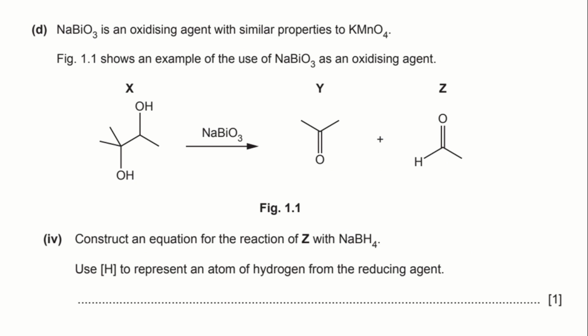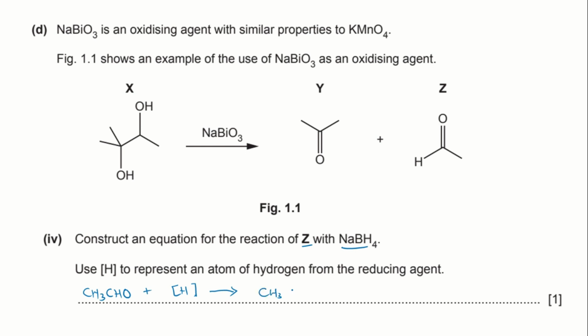Part 4, we will construct an equation for the reaction of Z with a reducing agent, NaBH4. So Z is an aldehyde. Let's say I start with this CH3 here, and CHO for the functional group of aldehyde. So Z will react with the reducing agent. We always use square bracket H to represent an atom of hydrogen from the reducing agent. Reduction of an aldehyde will give us a primary alcohol.